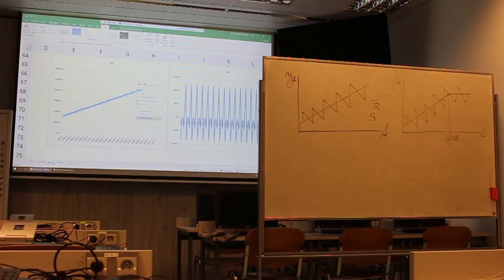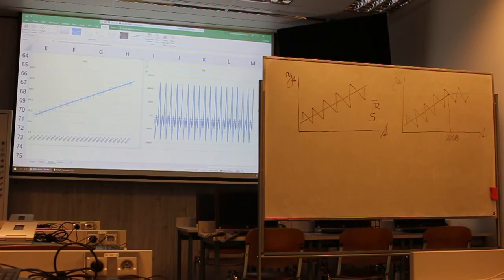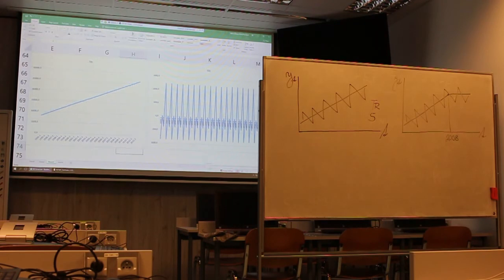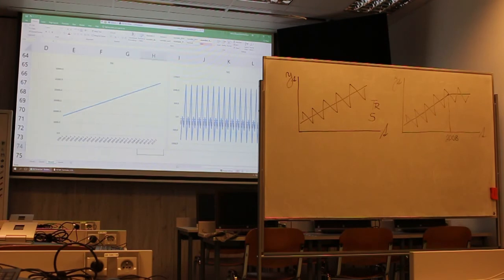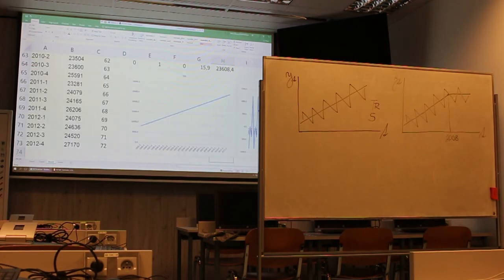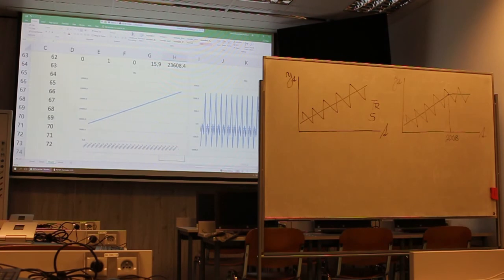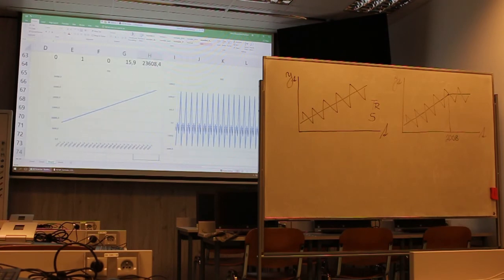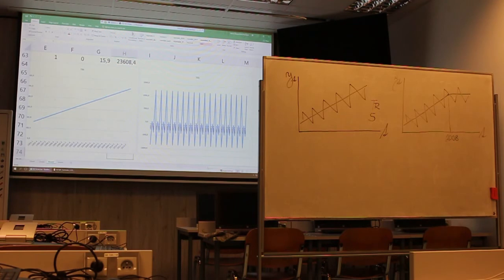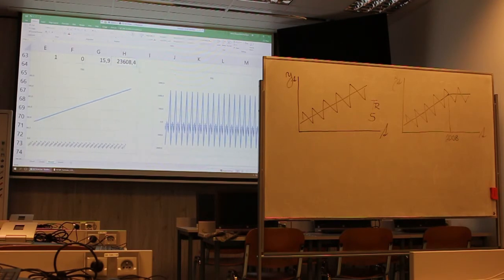Here I will use format data series, instead of 2.25, 1.25. Okay, and now I have, wait a second, no, one chart, second chart, perfect.